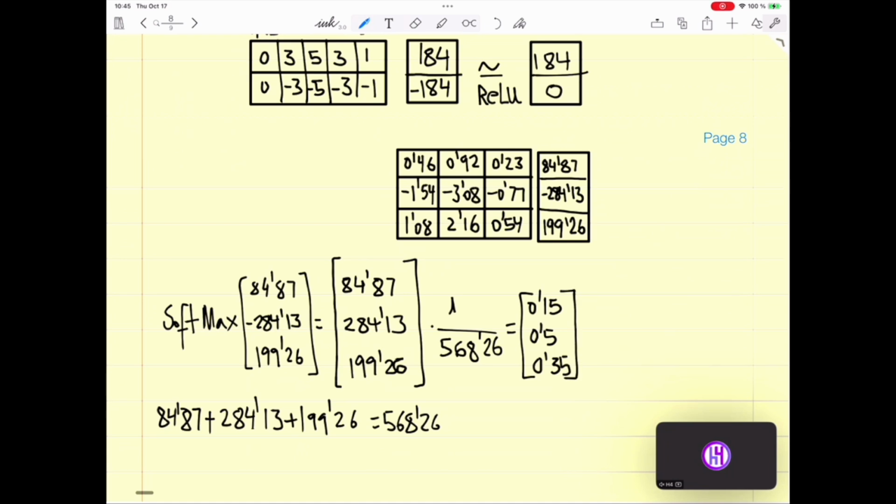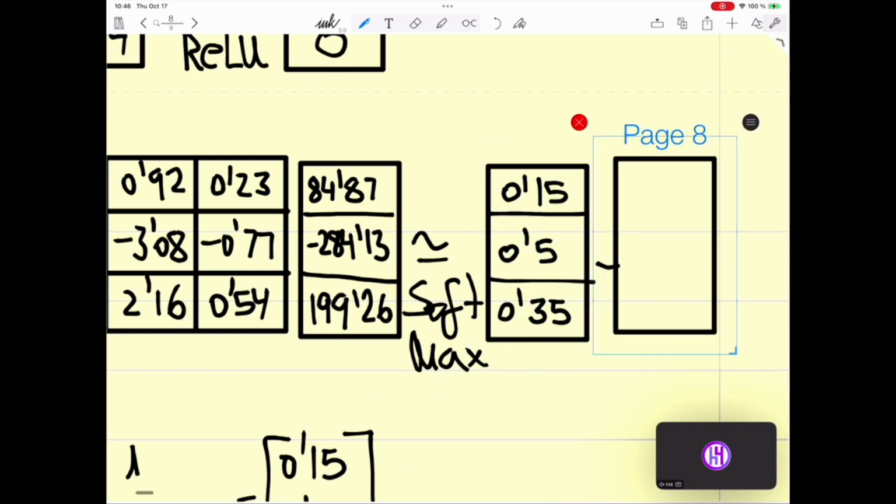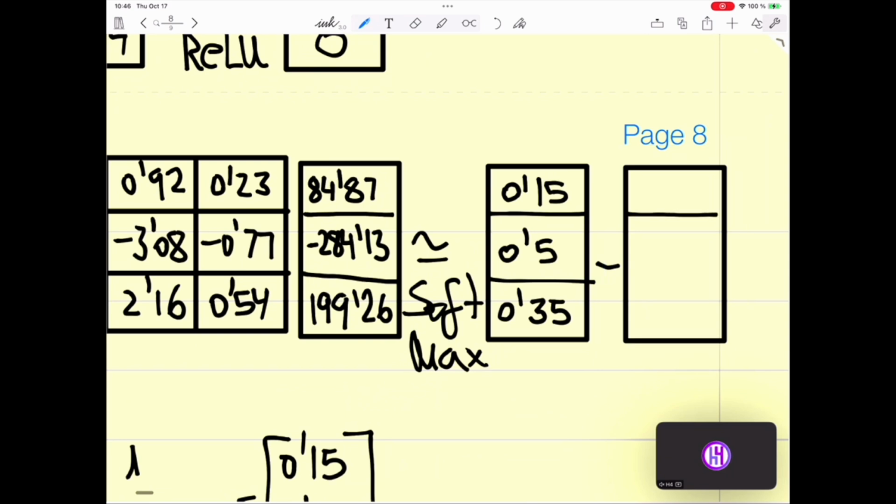So we plug that in: 0.15, 0.5, 0.35, minus 0, 1, 0, which is the target.